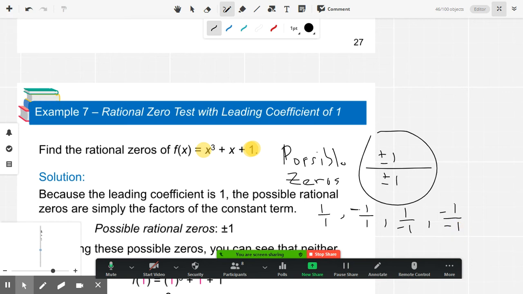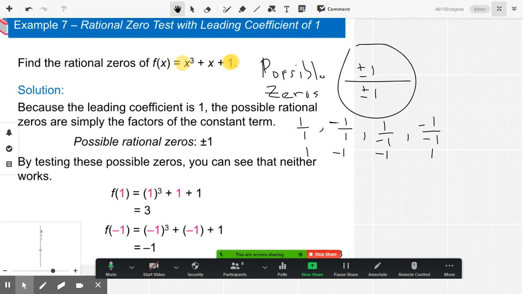Based on those two factors, those 4 are my only options. That's the only numbers I could create. As I simplify, this simplifies to 1, this to negative 1, this to negative 1, and this to positive 1. So it doesn't matter if they repeat. The only two possible zeros of this are either 1 or negative 1. Those are the only two possible rational zeros of this.